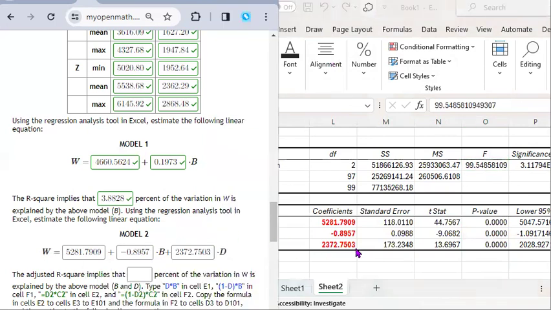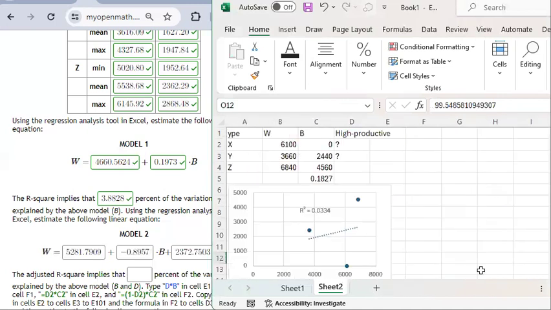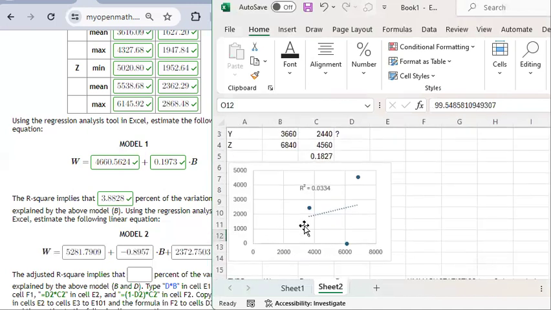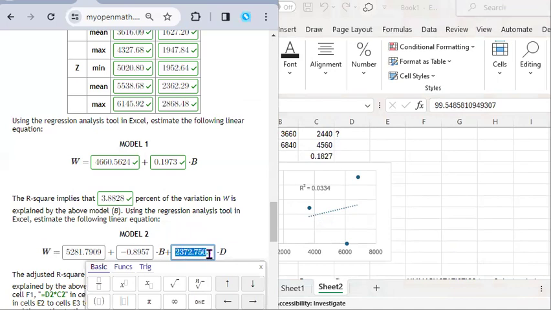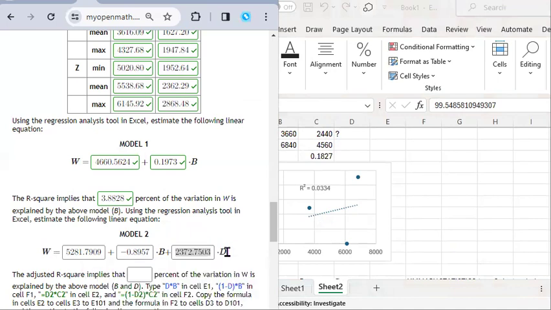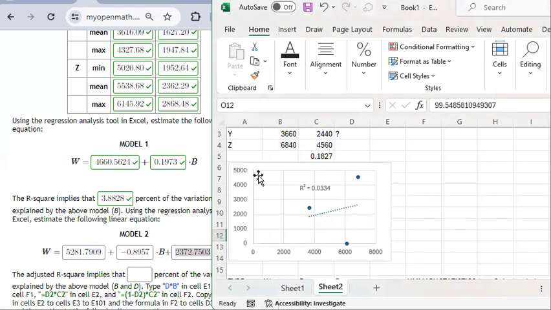So what is this saying? Let's go back to our chart. What this does is create two intercepts. When D is 0, this part is 0, so the D term is gone, and the intercept would be 5,281, with a line that comes down like this.